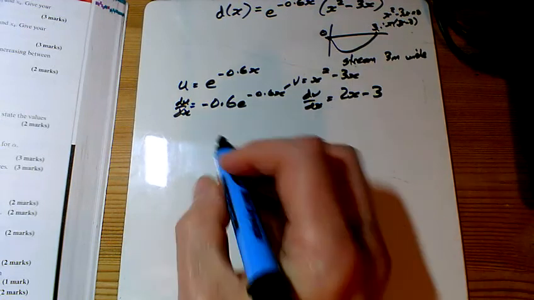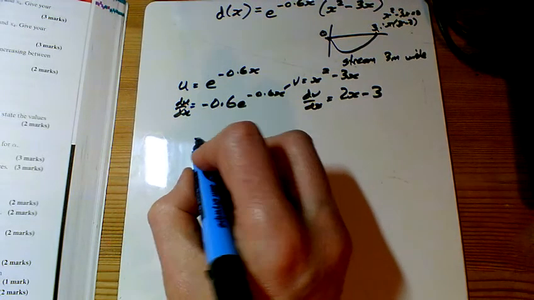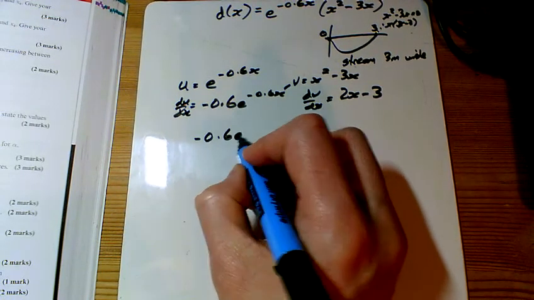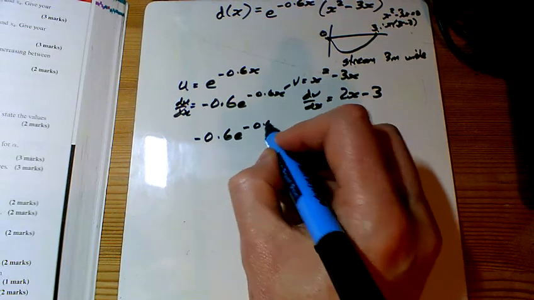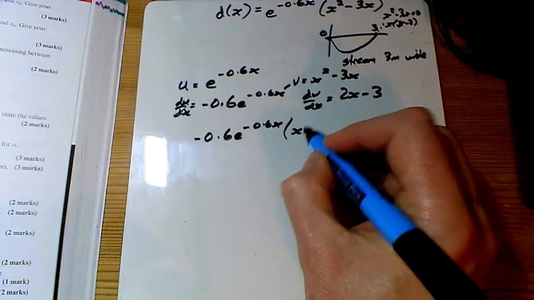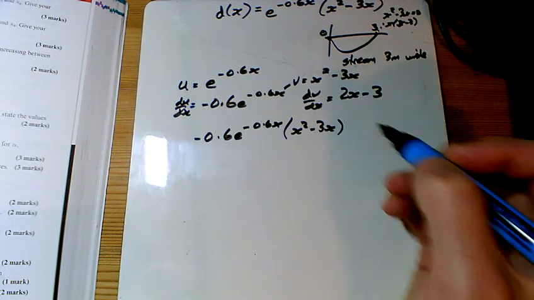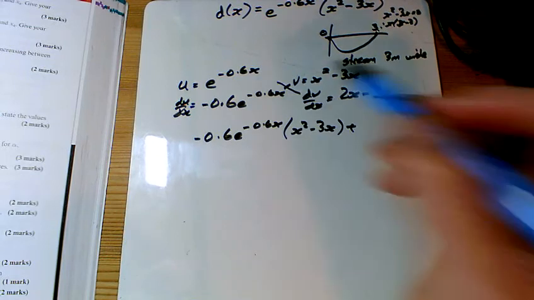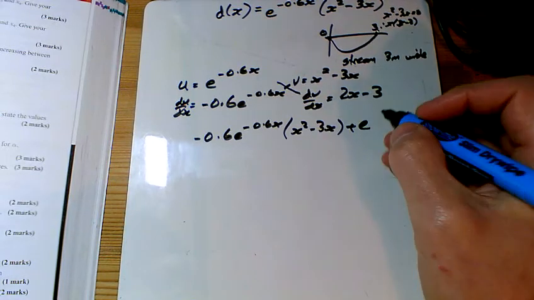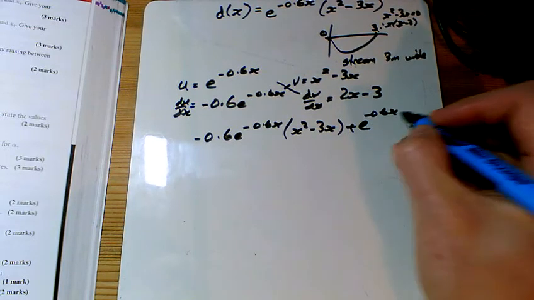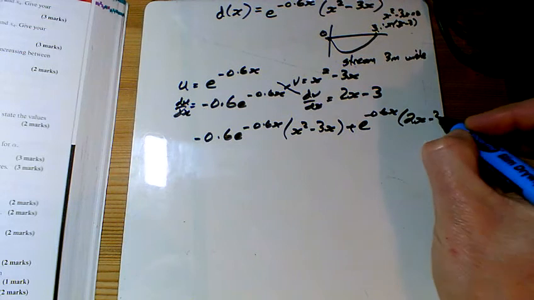So those two things times together is minus 0.6 e to the minus 0.6x times x squared minus 3x, plus these two bits times together, e to the minus 0.6x, 2x minus 3.